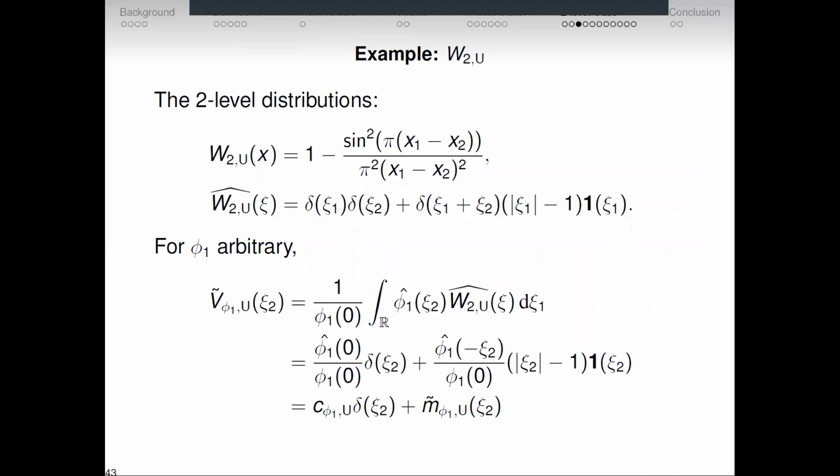Thus, we take a shortcut, and by some variable renaming, we tweak the optimization problem into the optimization of this integral, but this time over -1 to 1, divided by psi 2 at 0, with psi 2 being another test function with the transform supported within -1 and 1.